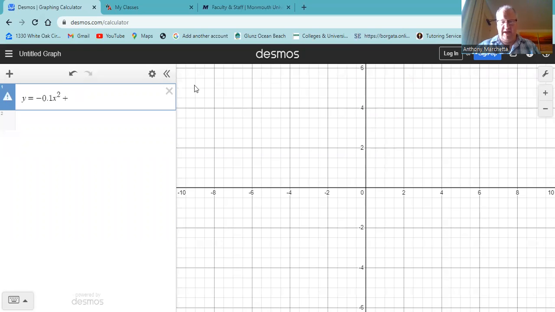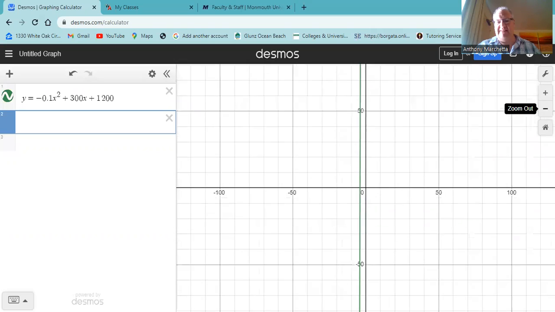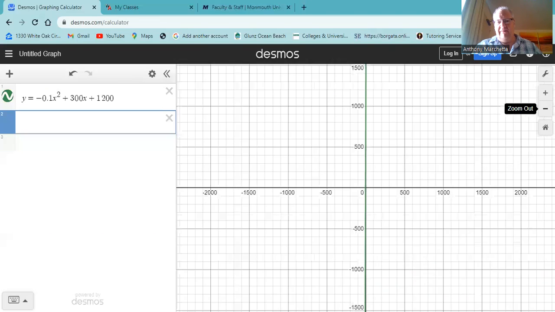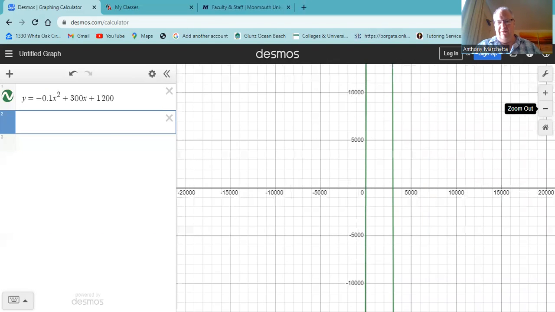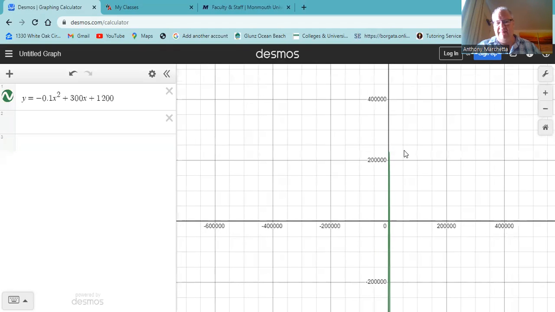Plus 300x minus 1200. All right, looks like a line, but you know it's a parabola because it has x squared in it. Let's zoom out and see if we can get a sense of this parabola. Where is it? Oh, it's all the way up there, huh? Yeah, it is all the way up there. Looks like it's right about there.